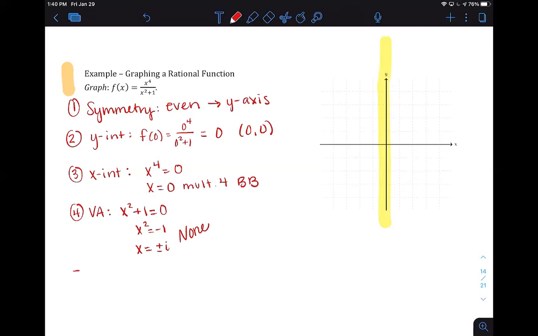All right, step 5 is horizontal asymptotes. So what's the degree of your numerator? 4. And what's the degree of your denominator? 2. All right, when the degree of the numerator is greater than the degree of the denominator, what's your horizontal asymptote?